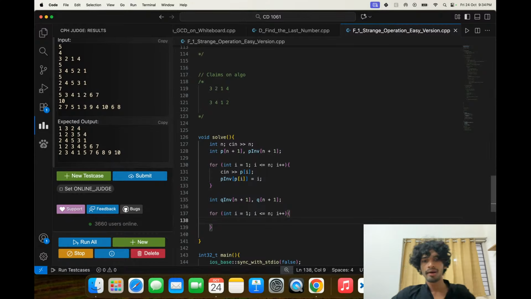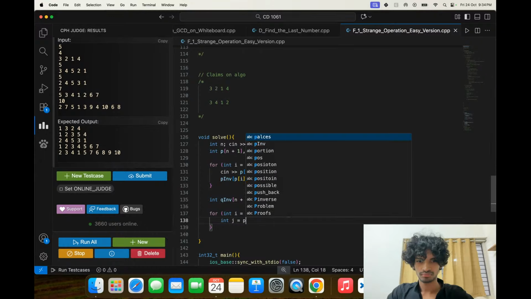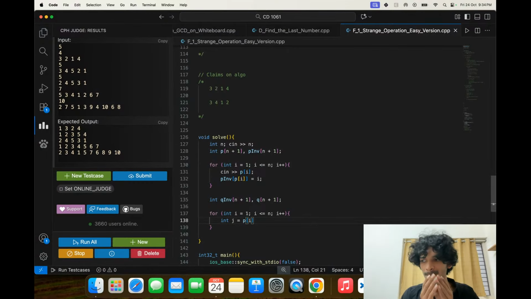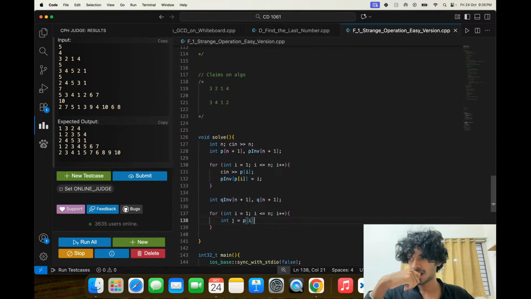Okay. We want the number of reds before it, and then the number of reds will remain.